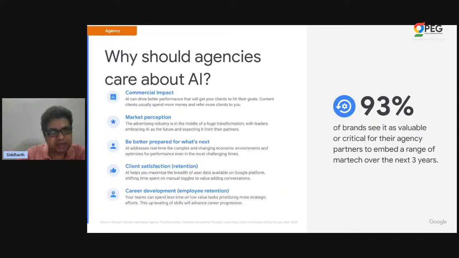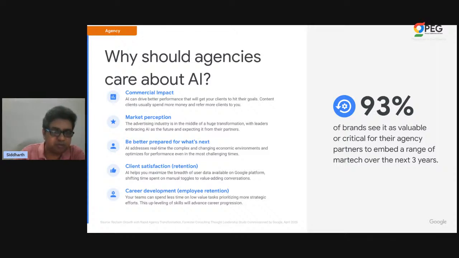And in fact, you should definitely care and you should definitely prioritize artificial intelligence. If you are an agency, you should definitely look into artificial intelligence. This is because we conducted a study, and what we found was that 93% of brands see artificial intelligence as critical for their agency partners to embed a range of marketing technologies, right?